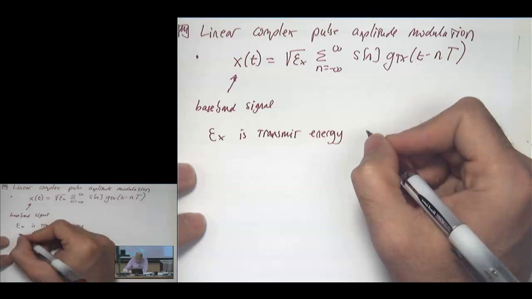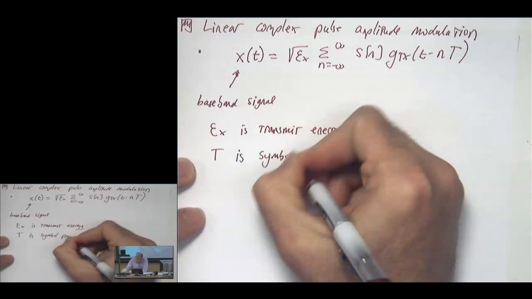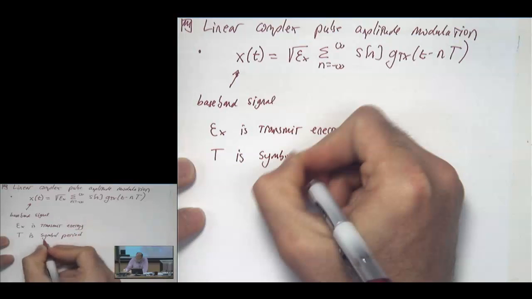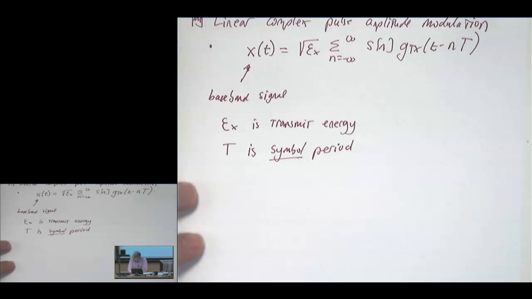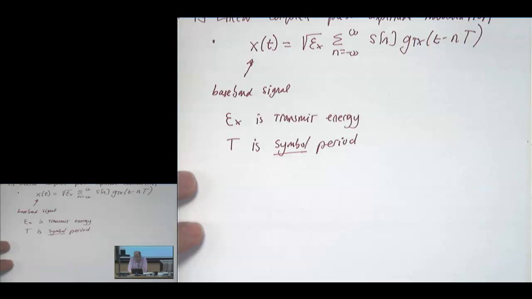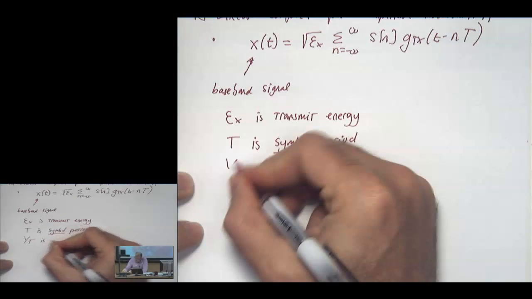T is the symbol period, so not the sample period. There will be other times where we'll use T_s, and sometimes I use it for symbol period to distinguish from sample period, or vice versa. But normally I'm just going to use T as symbol period here. 1 over T is the symbol rate.